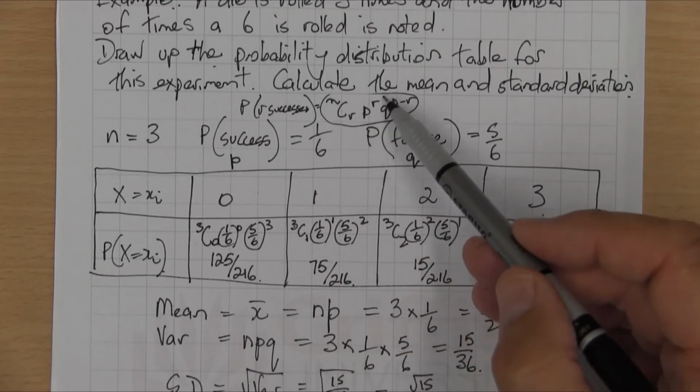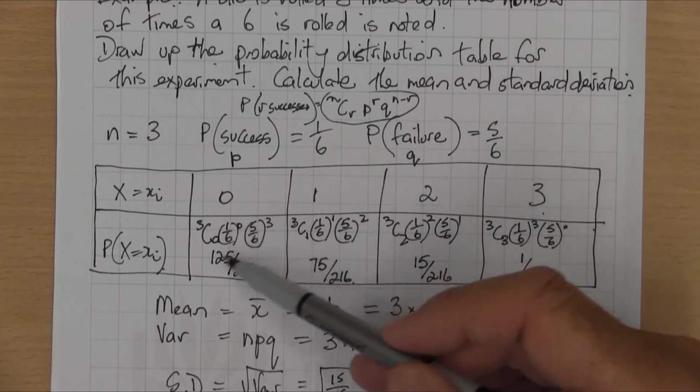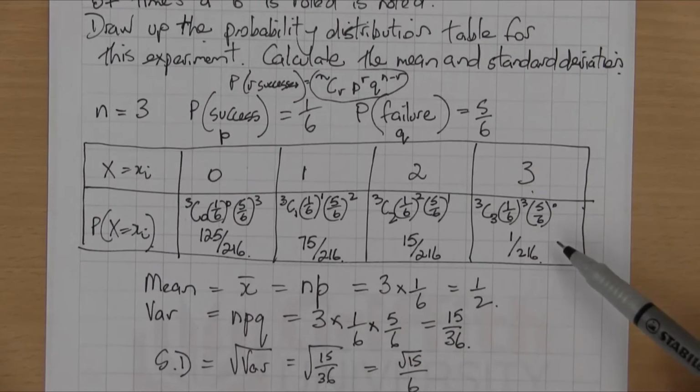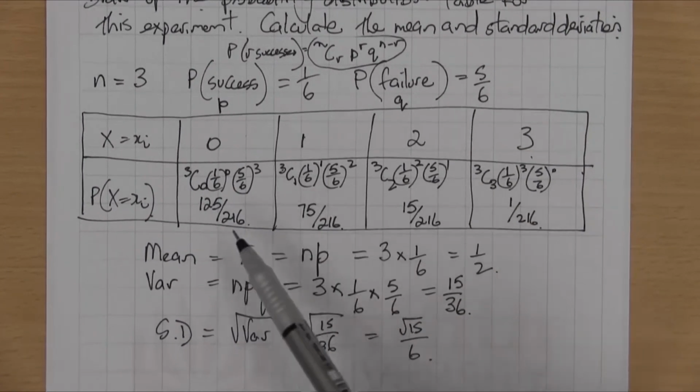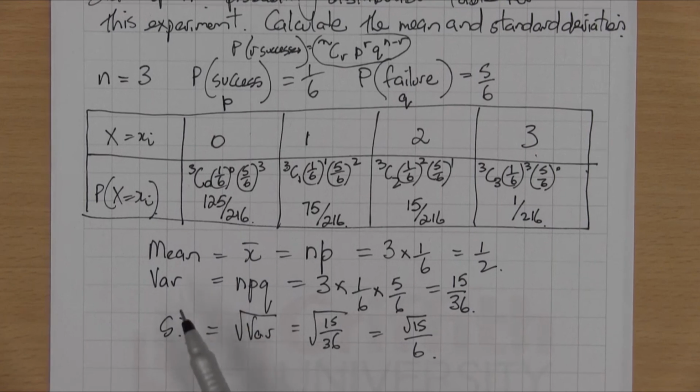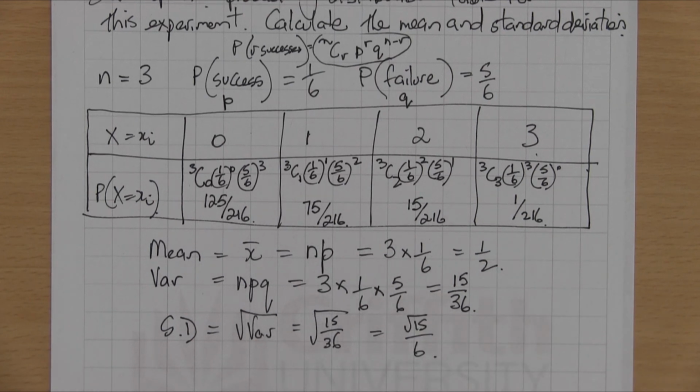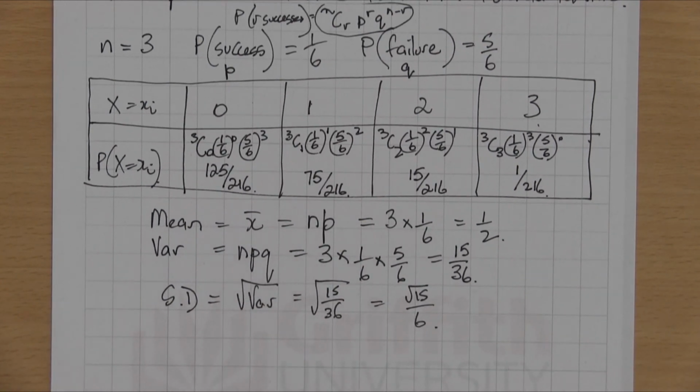That's nCr, p to the r, q to the n minus r, and we apply that rule, do the calculation. We work out for a binomial, and this only happens for a binomial, the mean is equal to n, the number of trials, times p, the probability of success, which is equal to 1 on 2, and the variance is equal to npq, and then the standard deviation, the square root of the variance.